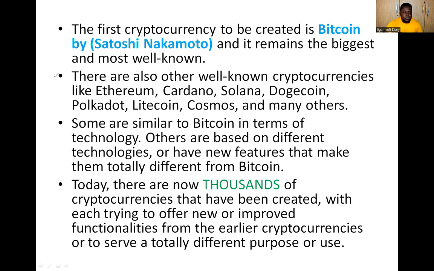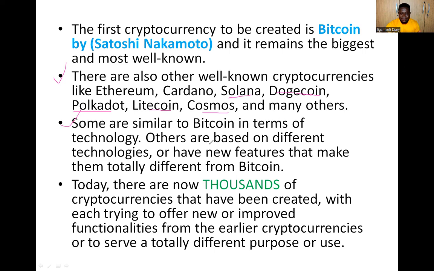Now, we continue. There are also other well-known cryptocurrencies like Ethereum, Cardano, Solana, Dogecoin, Polkadot, Litecoin, Cosmos, and many others. So it is not only Bitcoin, there are many others, okay? Some are similar to Bitcoin in terms of technology. Others are based on different technologies or have new features that make them totally different from Bitcoin.